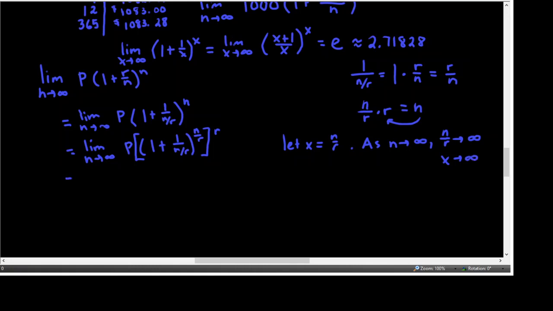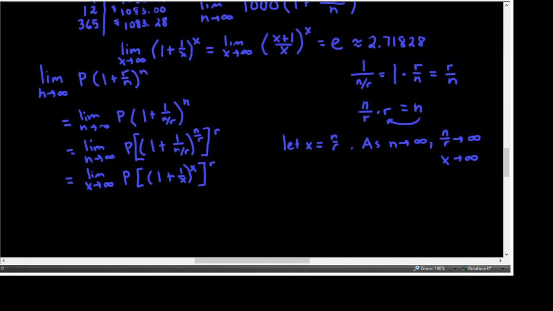So if I do a substitution and rewrite this in terms of x, when n goes to infinity, x will go to infinity, as we showed over to the right, P times 1 plus 1 over x to the x, raised to the r.